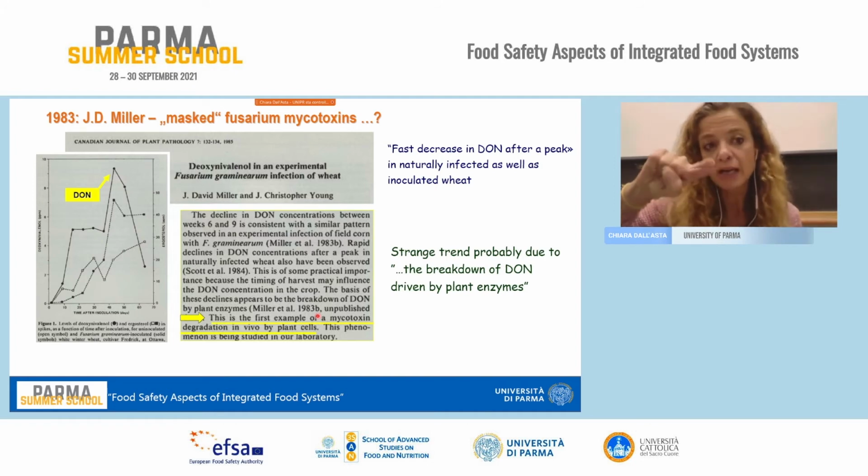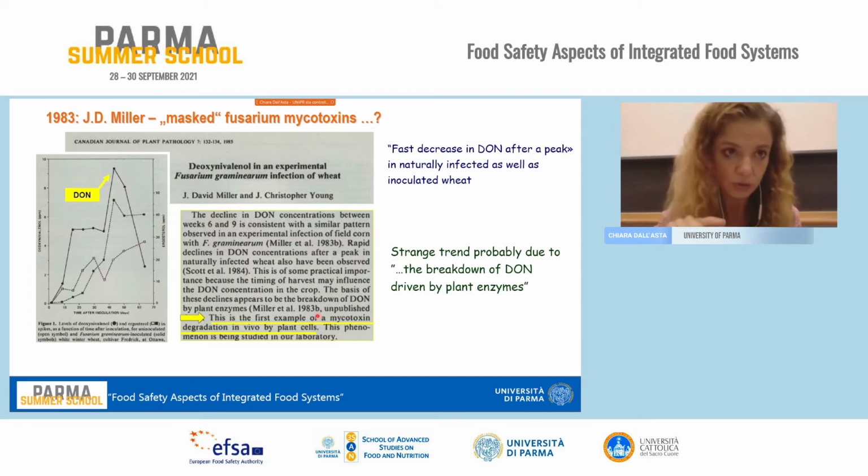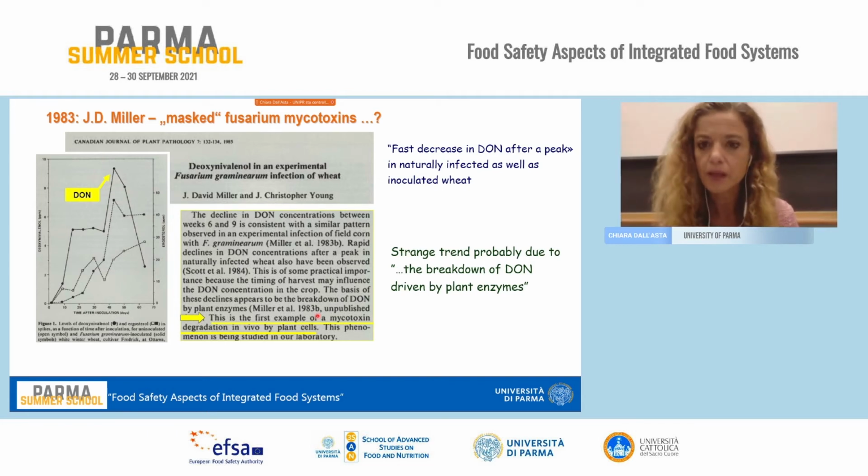He was following the accumulation during the growing season, and what he saw was that deoxynivalenol concentration reached a peak and then decreased. So he said, in 1983, I observed a fast decrease in DON after a peak in naturally infected compounds.